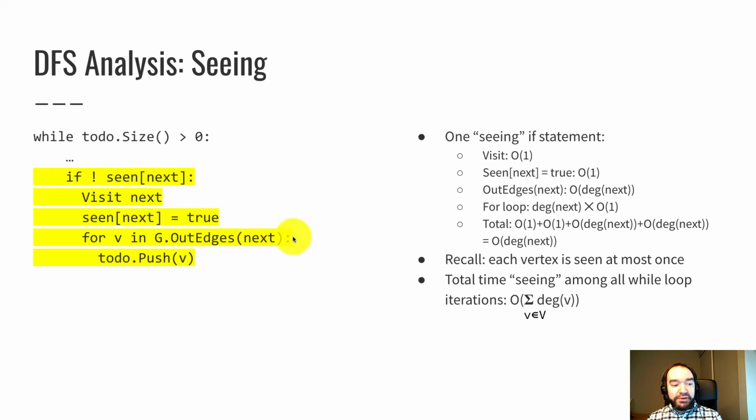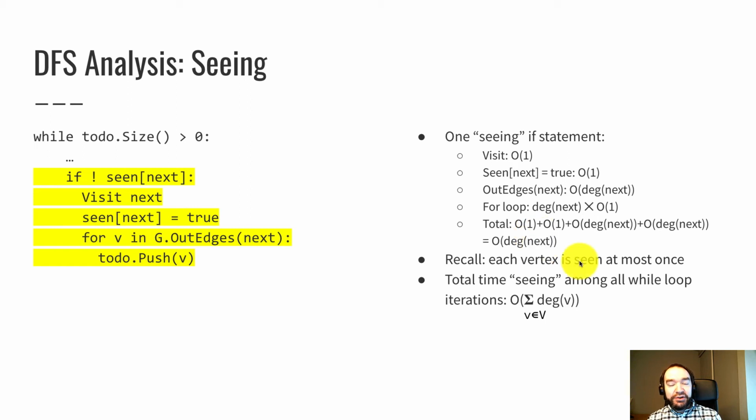And then the for loop repeats once per outEdge. So there's degree of next iterations, and pushing into a stack is constant time. Again, review your stack efficiency. So altogether, we've got constant plus a big O of degree of next time plus a big O of degree of next time. So the bottleneck is big O of degree of next time. So one execution of this seeing process takes degree of next time.